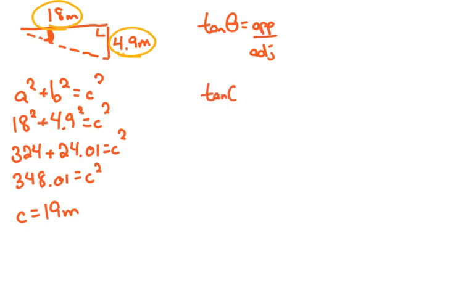Filling in 4.9 and 18. Calculating that out, make sure your calculator is in degree mode. 2 sig figs again, we get 15 degrees.